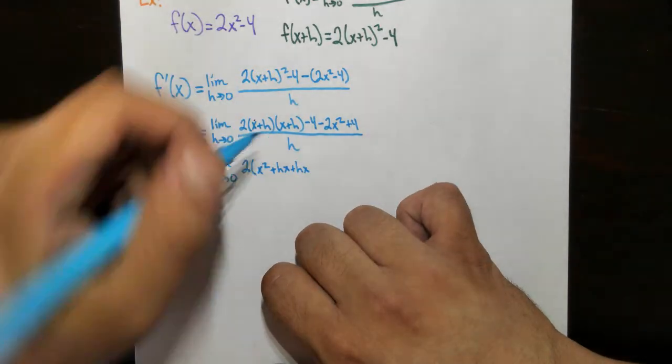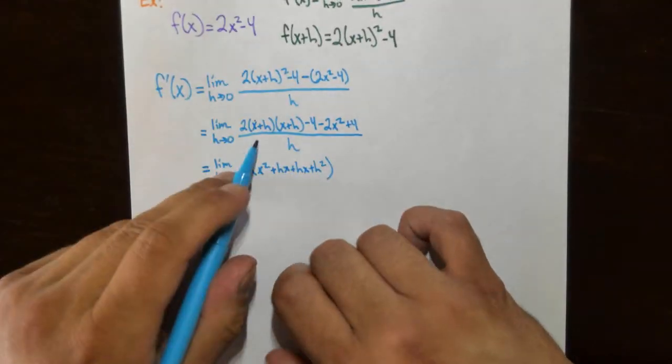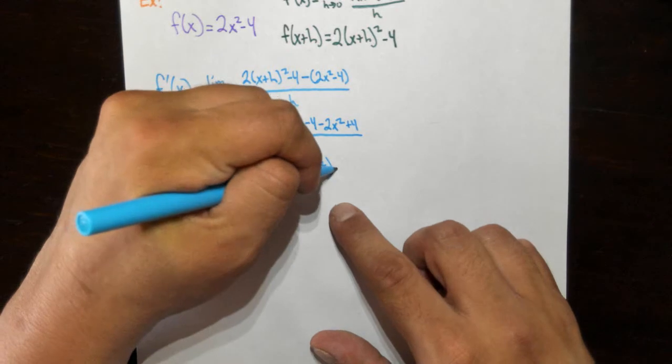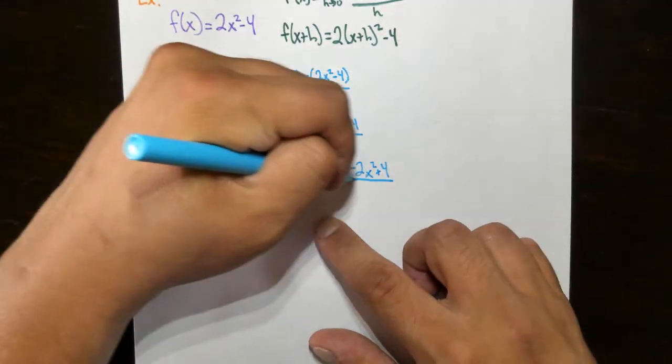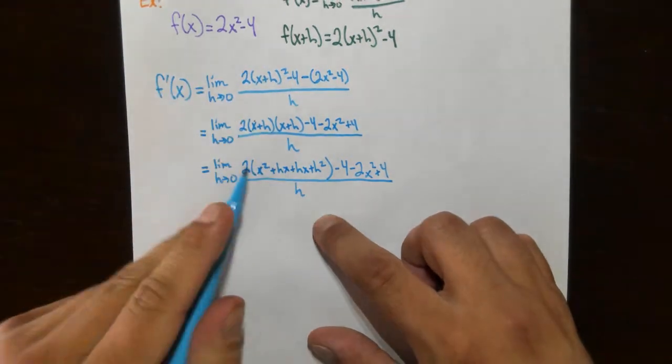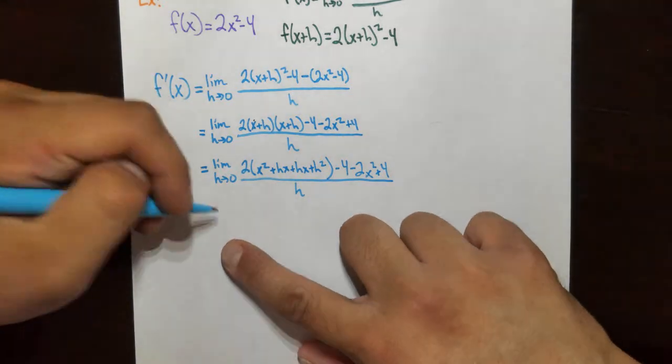And then h times h is h squared. And then just with this stuff, minus 4 minus 2x squared plus 4, all divided by h. And then now let's distribute this 2 to get rid of all of the parentheses.